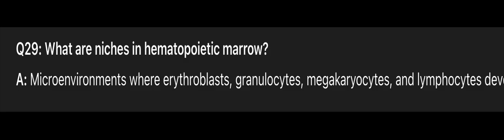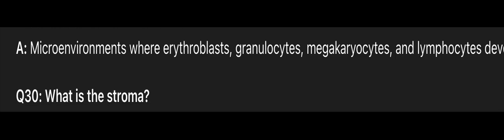Microenvironments where erythroblasts, granulocytes, megakaryocytes, and lymphocytes develop. What is stroma? Support tissue producing cytokines, and that includes macrophages, fibroblasts, adipocytes, and endothelial cells.